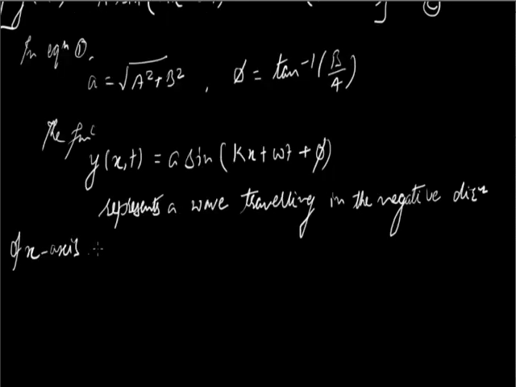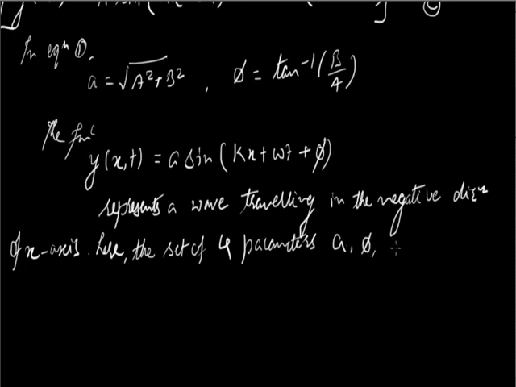The set of four parameters, likewise A, phi, k and omega, completely describe a harmonic wave.